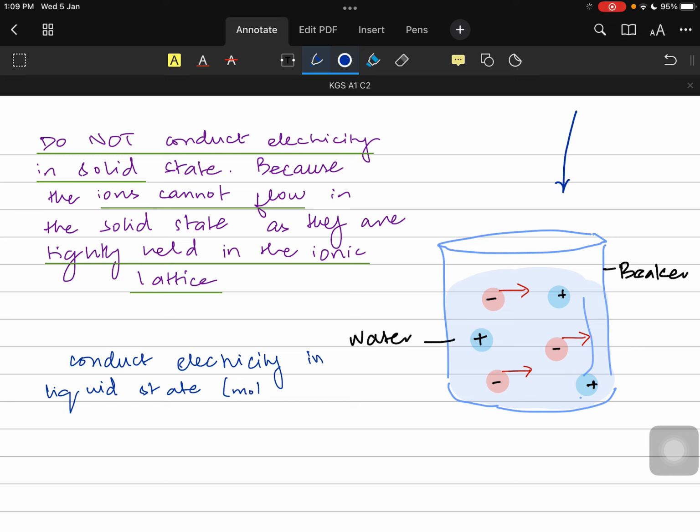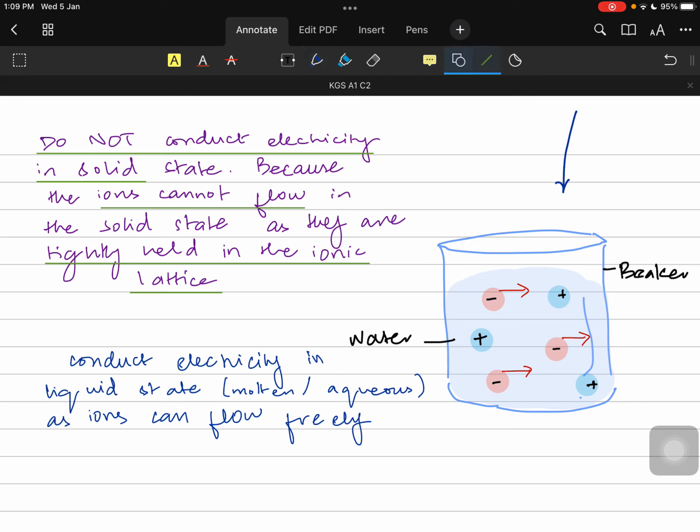It can mean molten, you can melt them, or it can mean aqueous solutions, as ions can flow now. The ions can flow freely now, and since they can flow freely, they can conduct electricity. So ionic compounds conduct electricity in the liquid state because the ions can now flow freely.